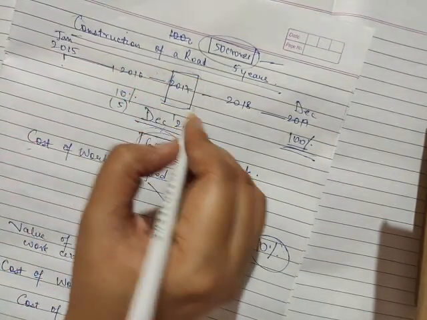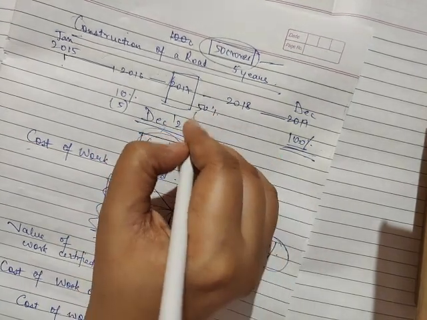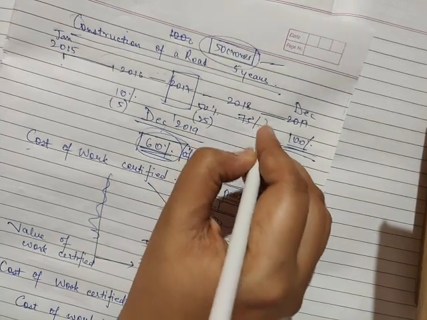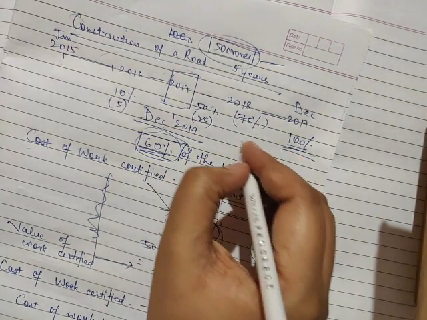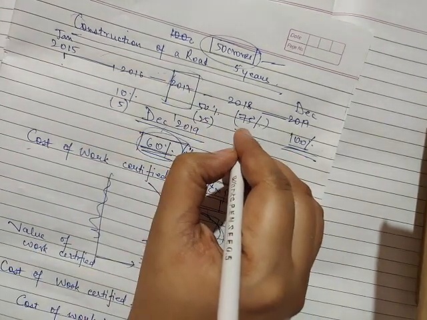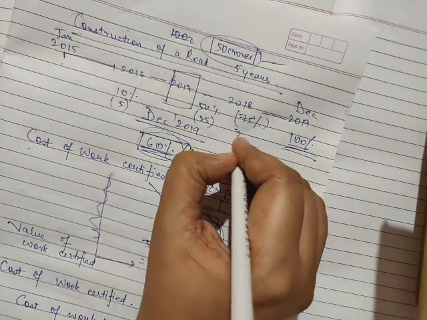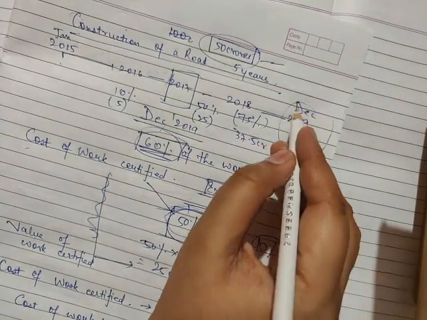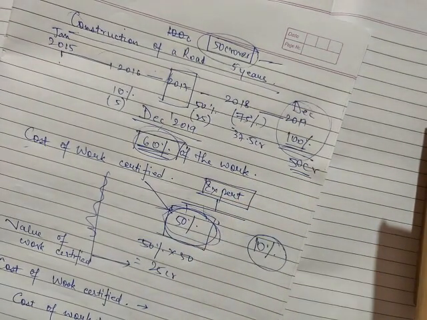By 2017, you would have got 50% of the amount, that is 25 crores. In 2018, maybe you'll get an additional 25%, which will be 37.5 crores, and in December 2019, after the entire work is completed, you'll get the remaining 25%, making a total of 50 crores.